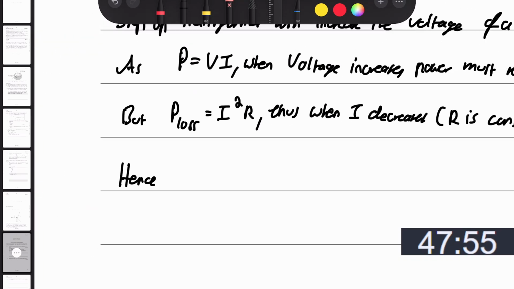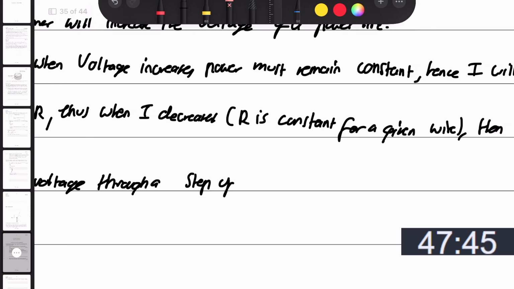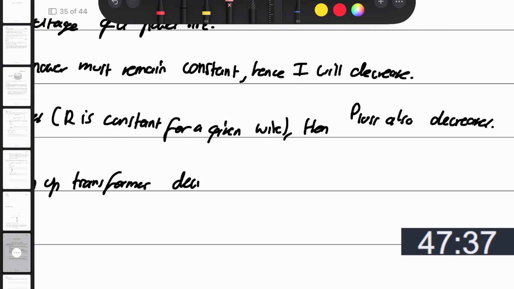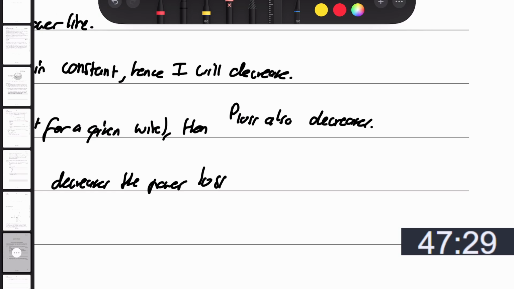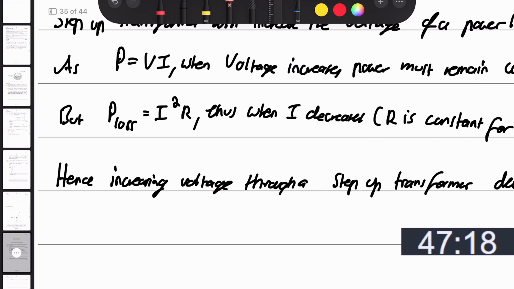Hence, increasing voltage through a step-up transformer decreases the power loss experienced due to the resistance in the wiring.